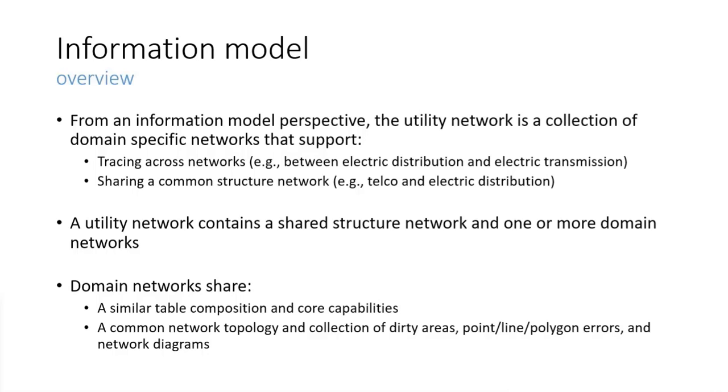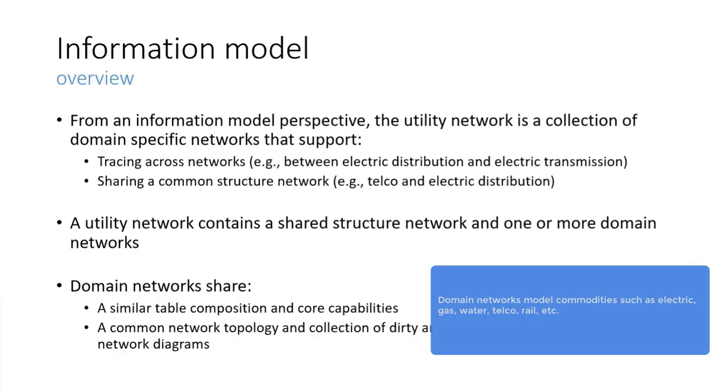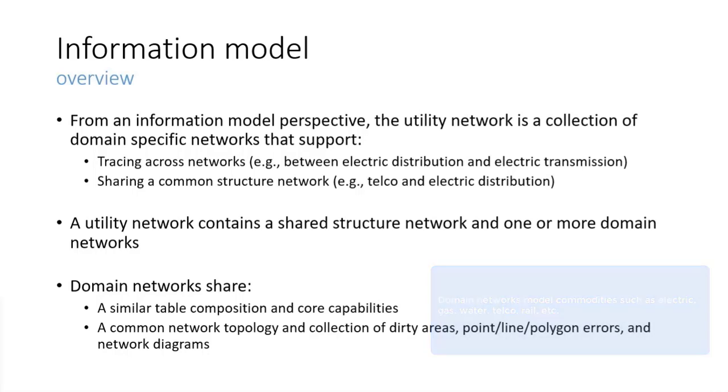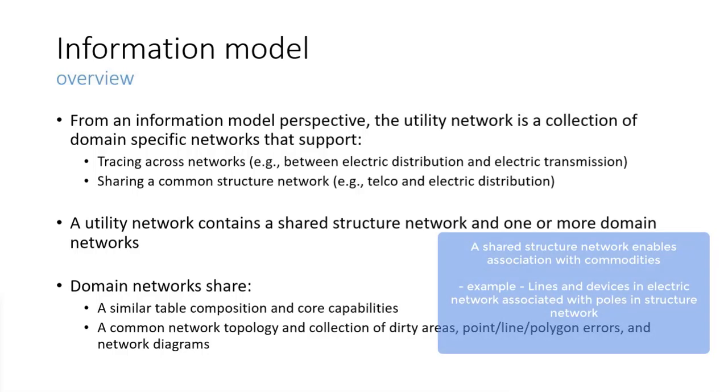So from a model perspective, we look at the utility network as a collection of domain-specific networks. So what do I mean by domain-specific networks? These are the commodities. These are your electric, your gas, your water, could be your telco, could be your rail. And common things about these networks include a requirement to trace to be able to understand how things flow, and the ability to integrate that commodity network with a structure network.